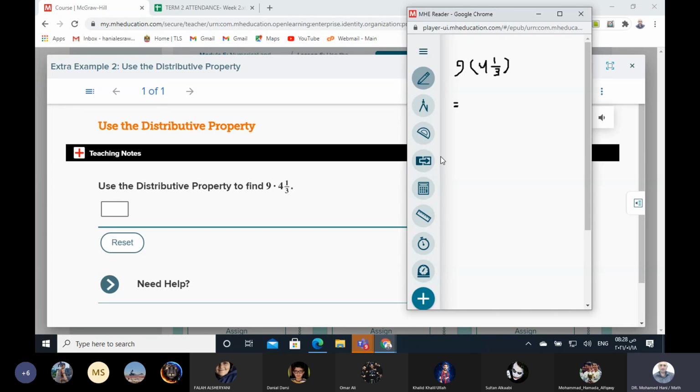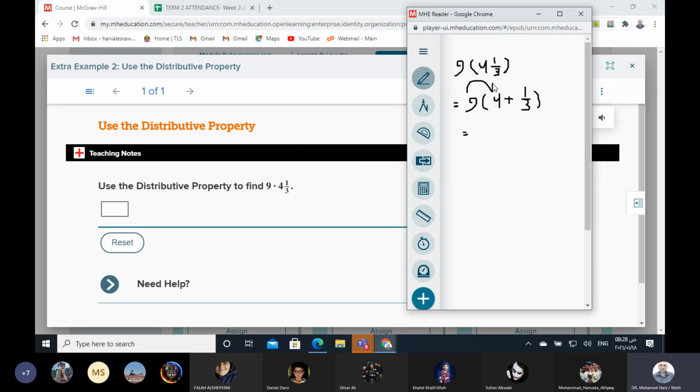Okay, thank you for all. The first step what I do: rewrite 4 and 1 over 3 as a sum. We can write 4 plus 1 over 3. Then the second step, use the distributive property.